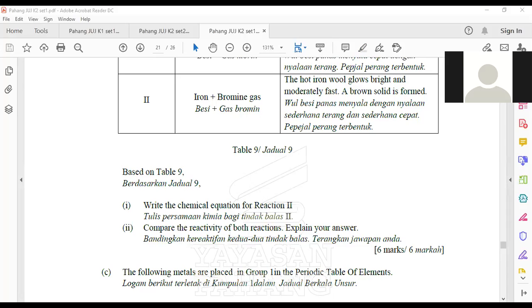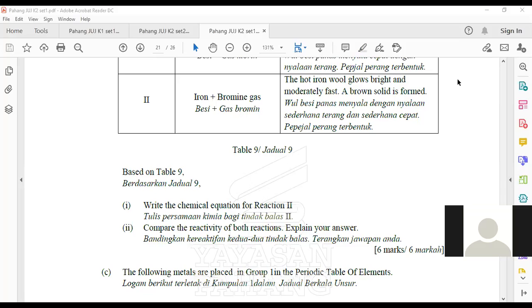When the size is getting bigger, what happened to the distance between the nucleus and the valence electrons? The distance becomes, Vaishnavi? Valencia? Yes, good. The distance becomes further. Okay, now we continue.